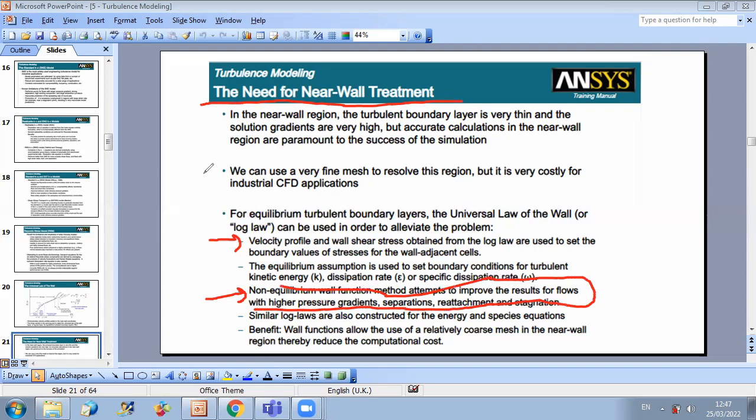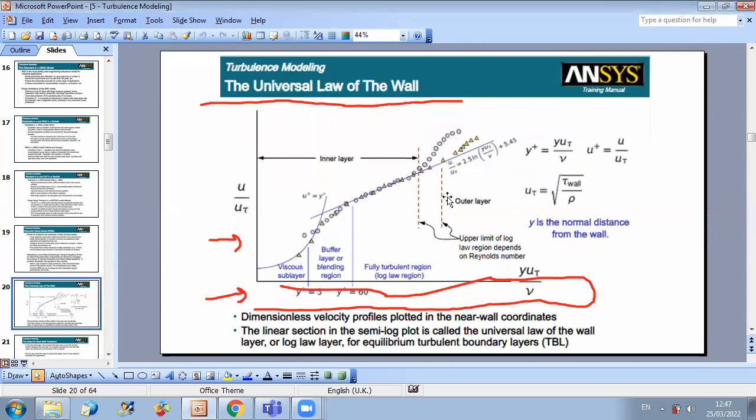This graph, for example, was developed under certain conditions. If we have separation or large pressure gradients, it might not work very well. This is why we need to come up with another graph under similar conditions. To be able to extrapolate these results, we need to have common applications.